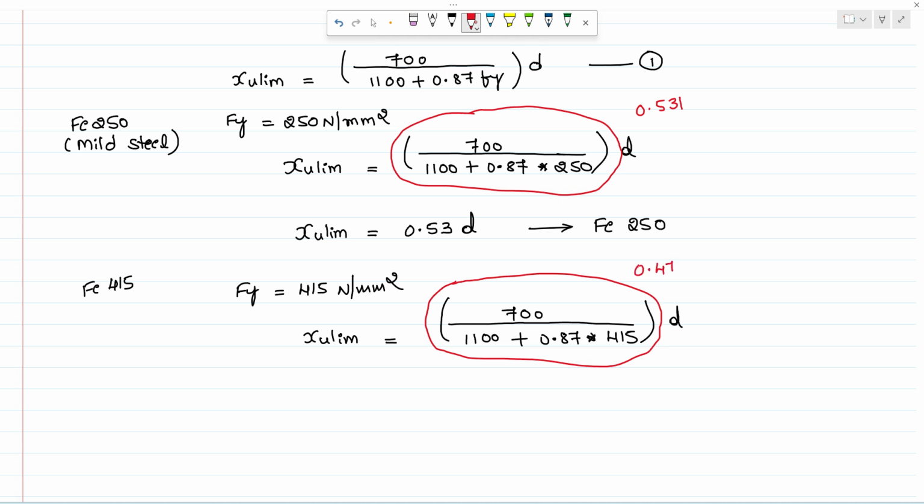So final equation will be XU limit equals 0.48 times D. So this is for Fe 415 grade. So similarly, you can calculate it for Fe 500 also.